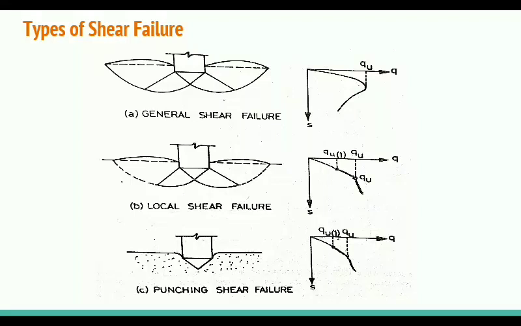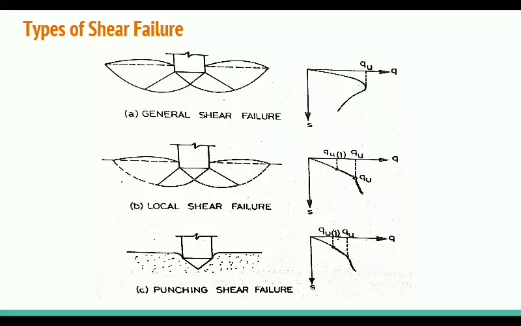A shear failure occurs in the soil at the load Qu, and the failure surface extends to the ground surface. You can see at the ground surface that there is a failure surface.